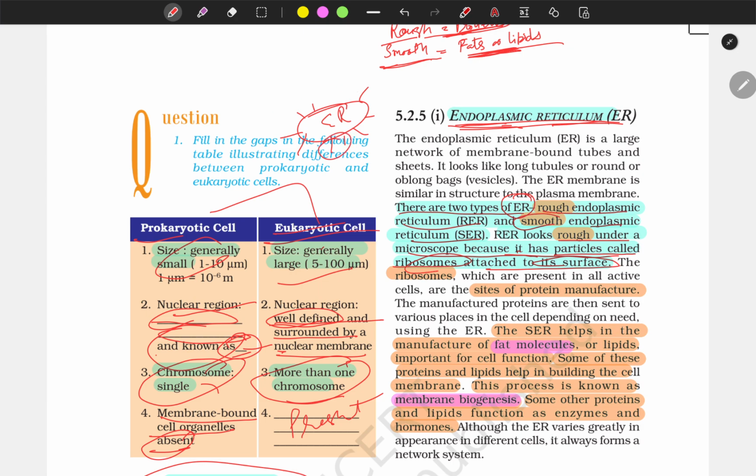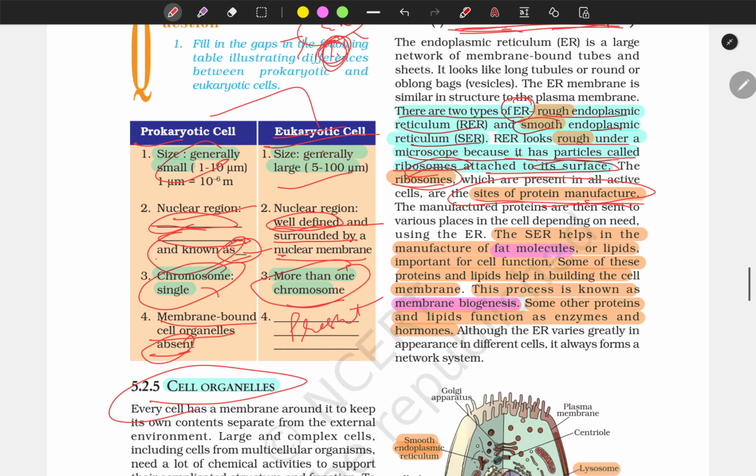These are ribosomes. Ribosomes have a special function: they are the site of protein manufacturing. So ribosomes make protein. Smooth ER helps in manufacturing fat molecules or lipids. Smooth ER makes fat molecules, and rough ER makes protein molecules.